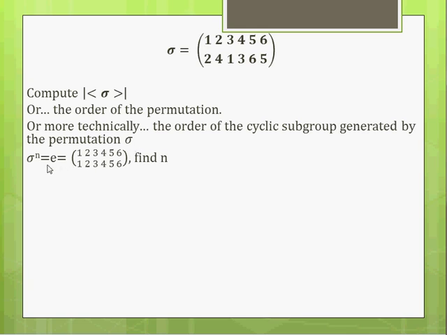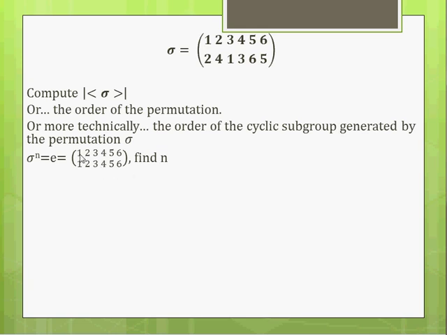And if you remember from last video on cyclic subgroups, the order of that cyclic subgroup is you take its generator and you see how many times you need to multiply by itself to get the identity, which the identity in this case for permutations is the trivial permutation.